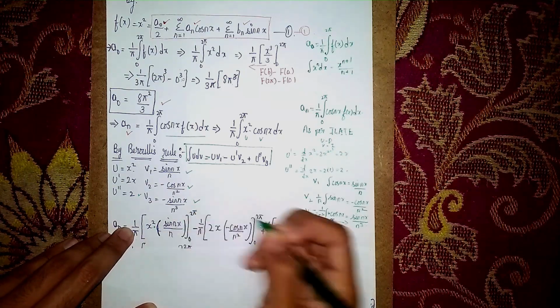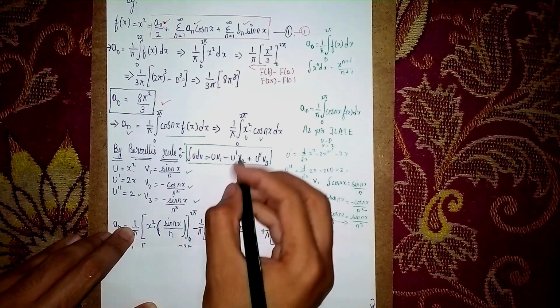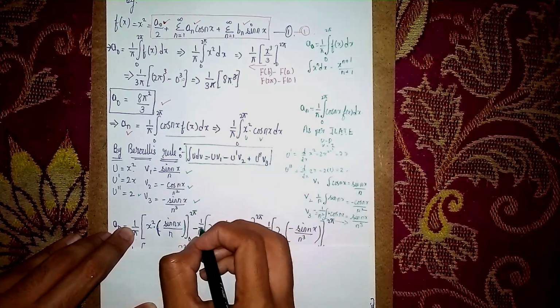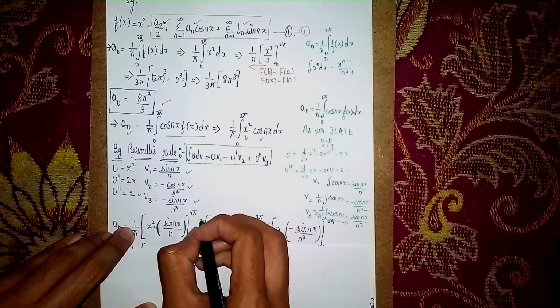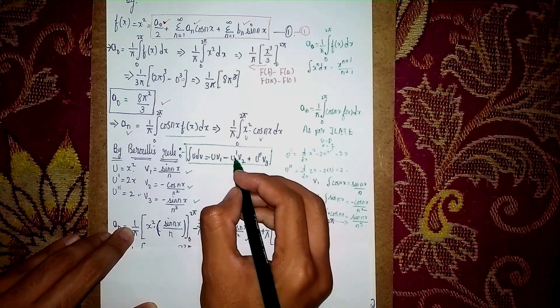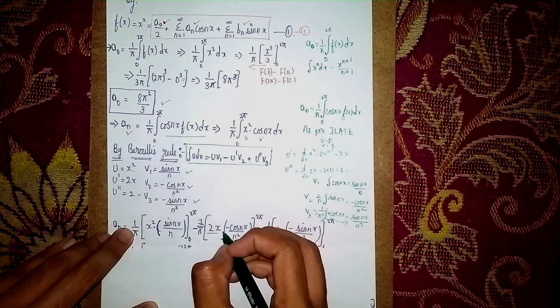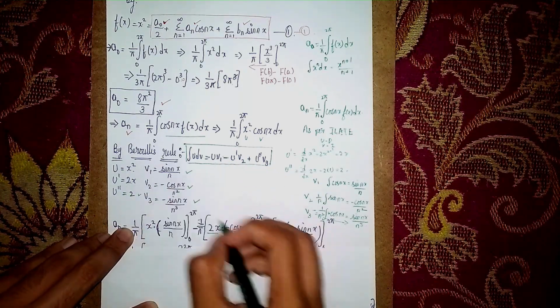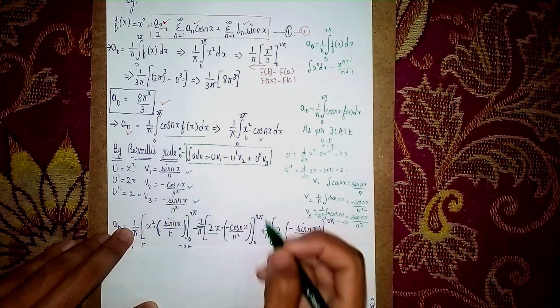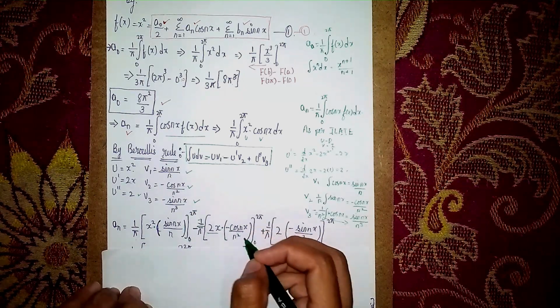Then minus, then 1 by pi. Afterwards, now u dash is 2x into, then v2 is minus cos nx by n square. Now I substituted here into minus, taking the bracket.